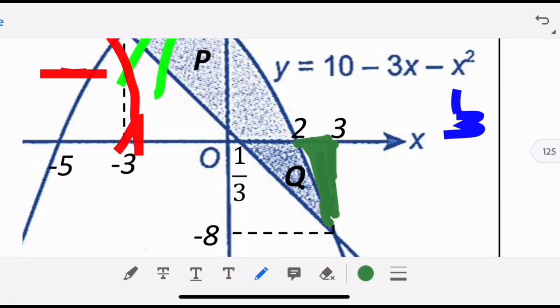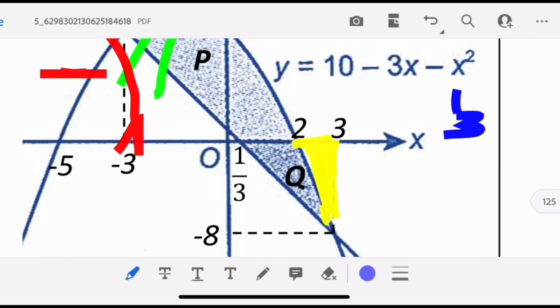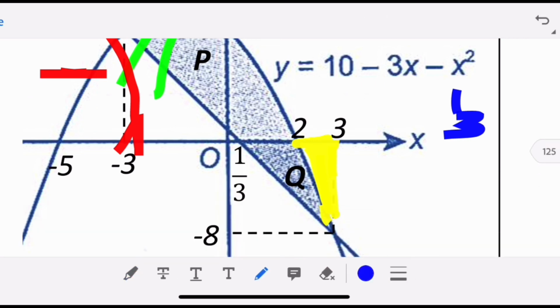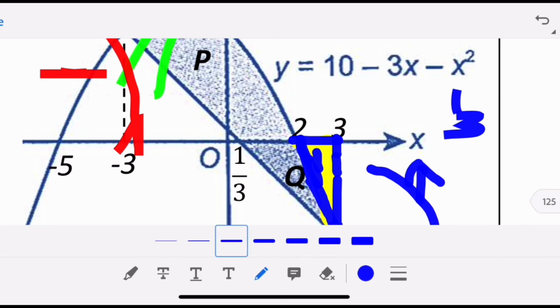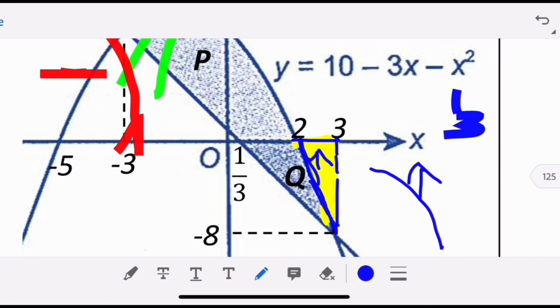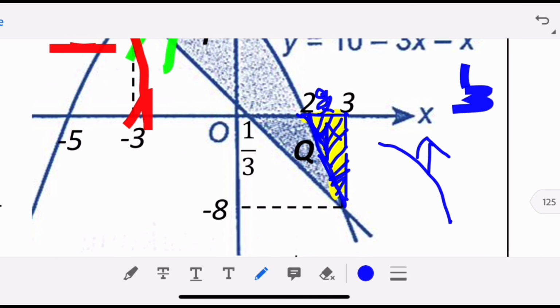Because as you can see, this one is a curve. This is the x-axis. So this is 3. So this portion is under the curve, right? Because the curve is here, it's under the curve. I'm going to show you using the arrow. If you are standing here, this part is under the curve. So you have to minus from 2 to 3.